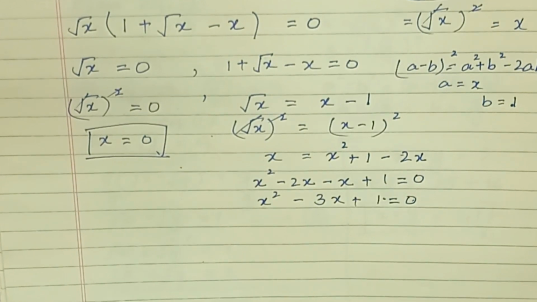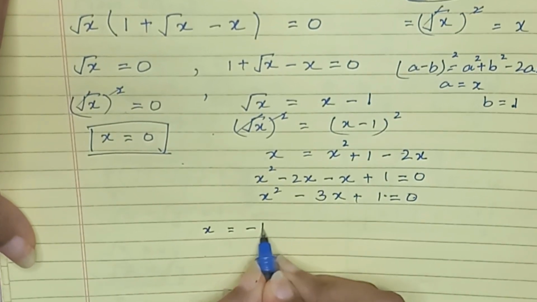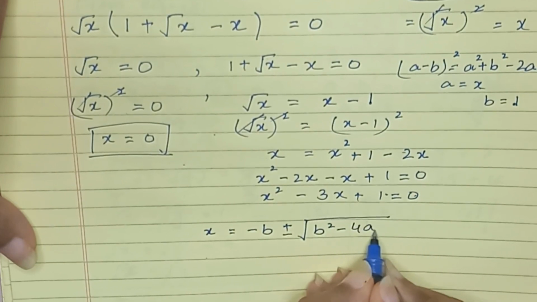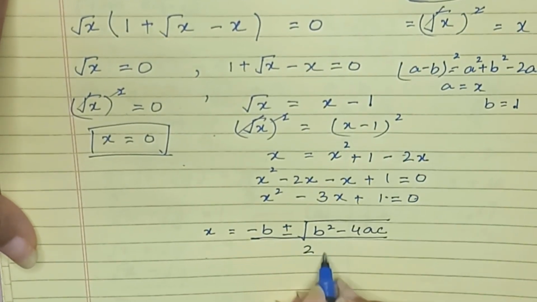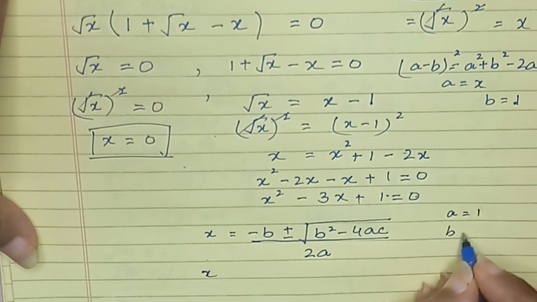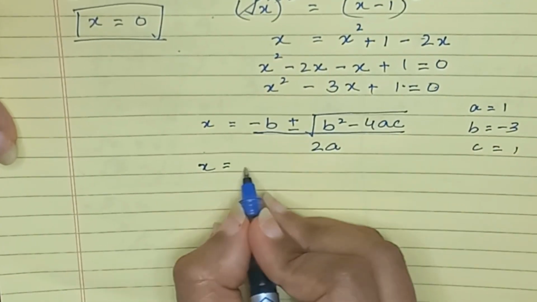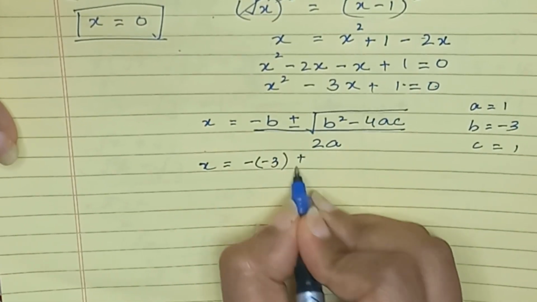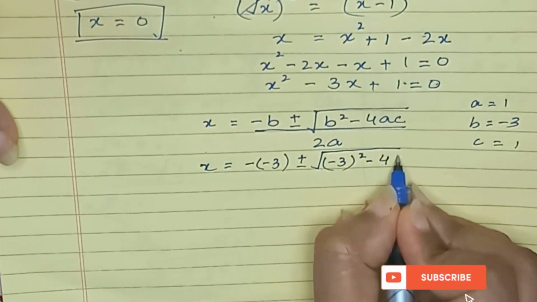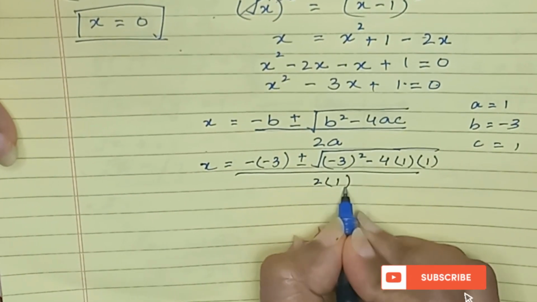Now it is a quadratic equation, so we will apply the quadratic formula, which is x is equal to minus b plus minus square root of b square minus 4ac divided by 2a. So here a is equal to 1, b is equal to minus 3 and c is equal to 1. So x is equal to minus into minus 3 plus minus square root of minus 3 square minus 4 times 1 times 1, divided by 2 into 1.